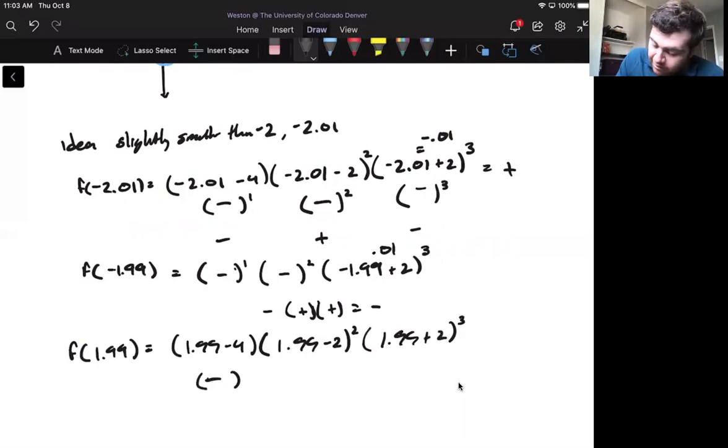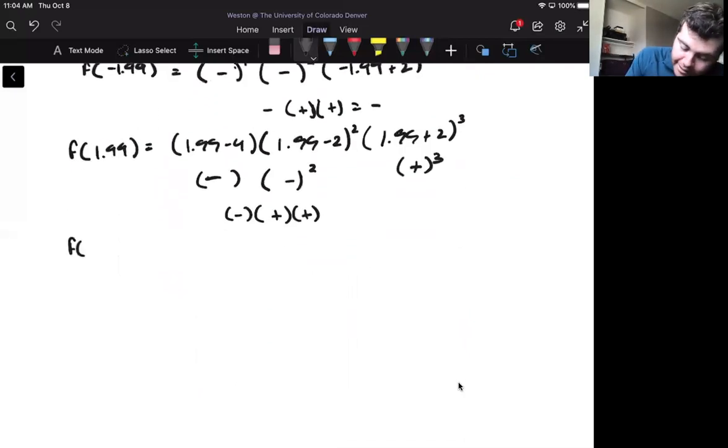So that's negative there, and clearly that's positive there. But over here we're negative, but we get squared. So the whole thing becomes negative, positive, positive.